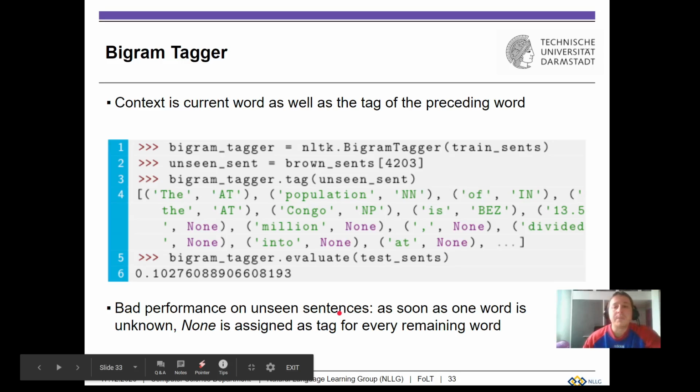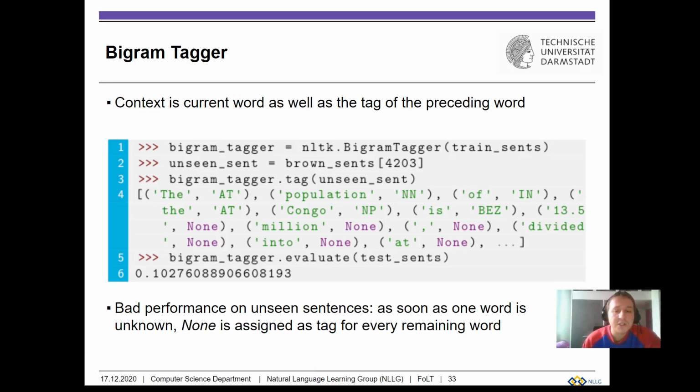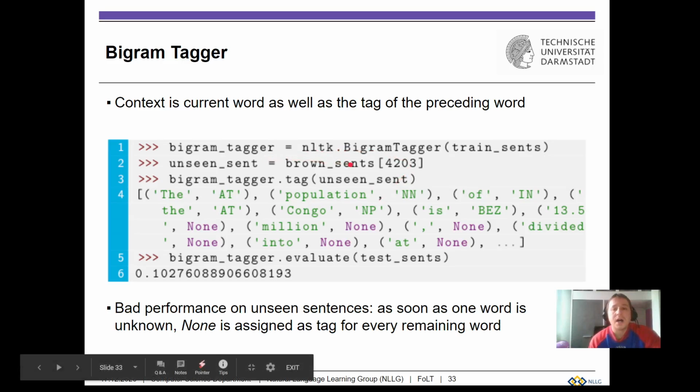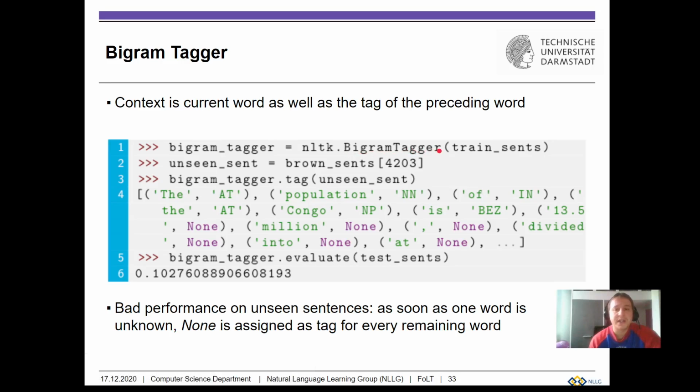Okay, so I'm not going to go into implementation details of the bigram tagger. Bigram is the case of n equals 2. That's the simplest generalization of a unigram tagger. I'm showing you the standard implementation of NLTK, and we're going to do a little bit of evaluation.